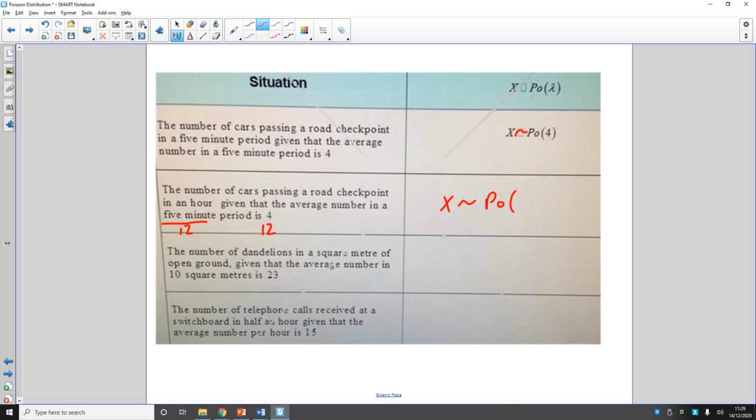So the Poisson distribution would need to be amended by multiplying 4 by 12. So in an hour, we would assume that the distribution would have a parameter lambda equal to 48. You can see that the other situations here, examples 3 and 4, there are many more.